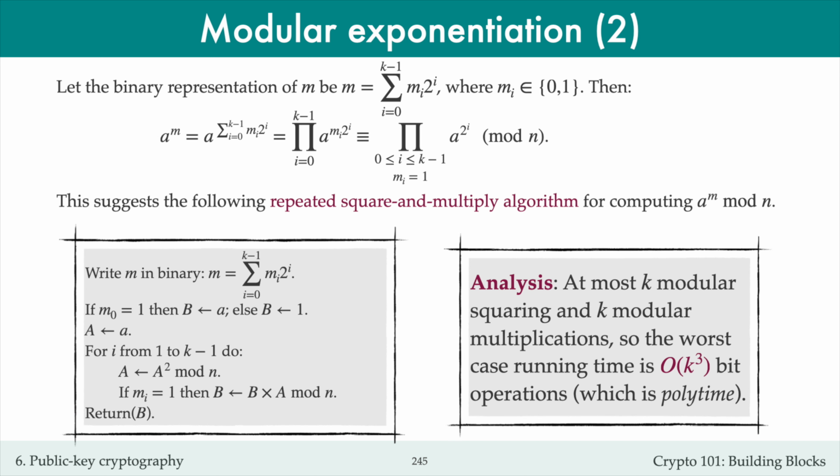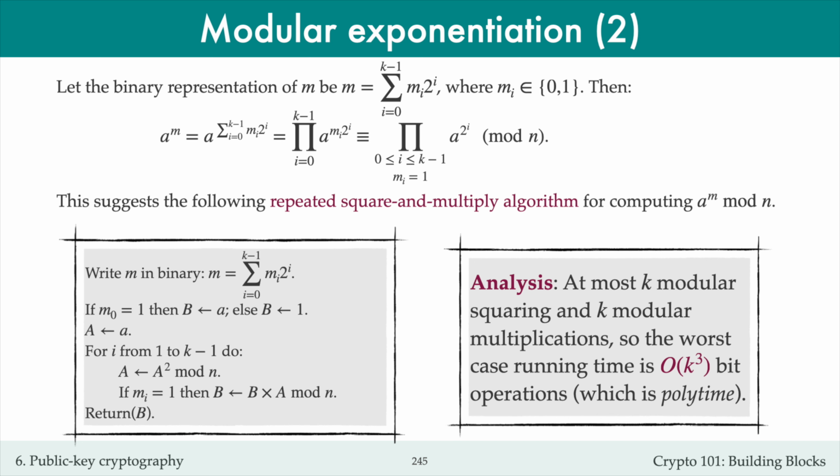In each of the k minus 1 iterations of the main loop, we perform a modular squaring and perhaps a modular multiplication. And so the running time of the algorithm is at most k modular squarings and at most k modular multiplications, or a total of at most 2k modular multiplications.